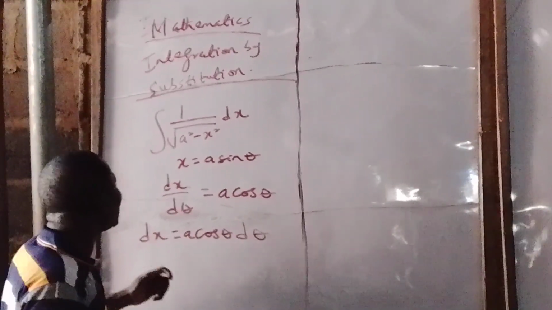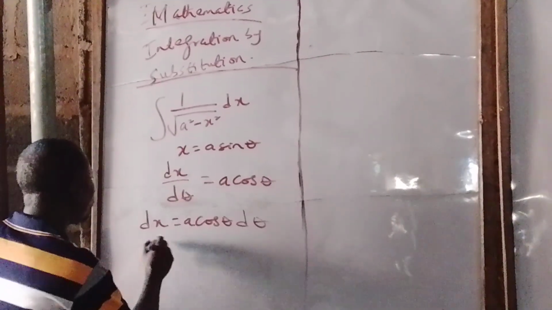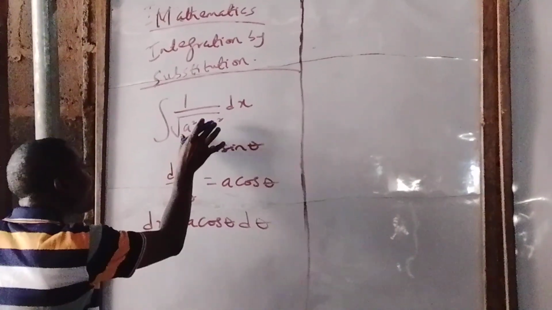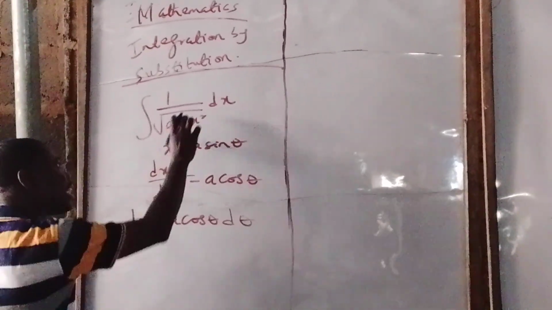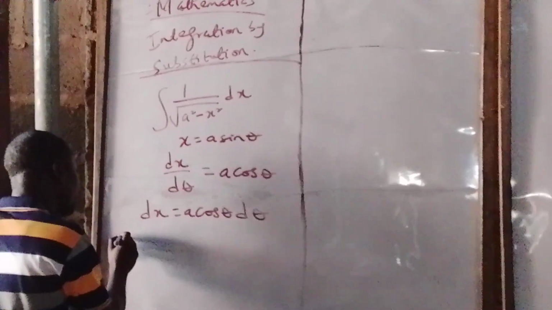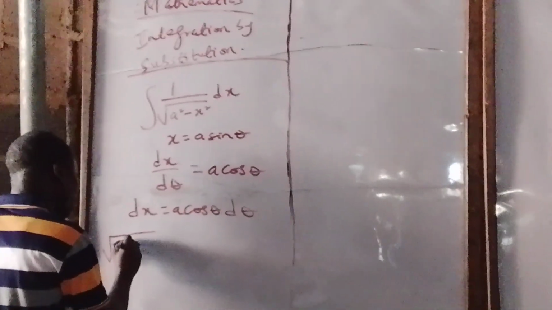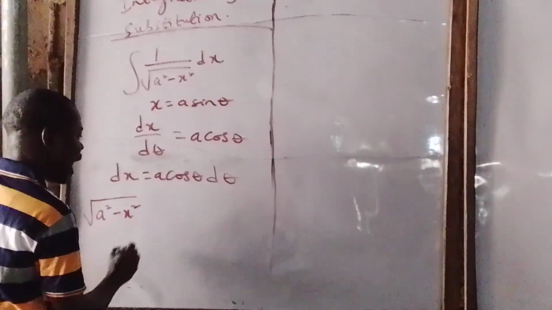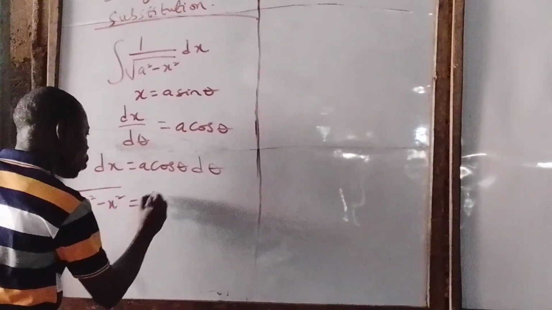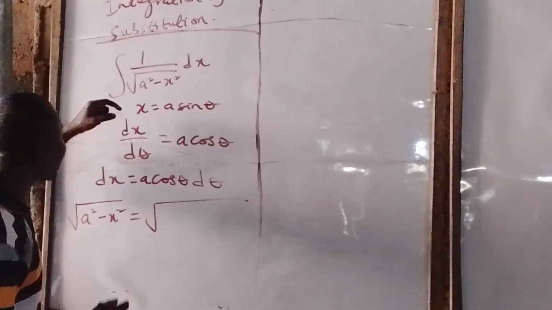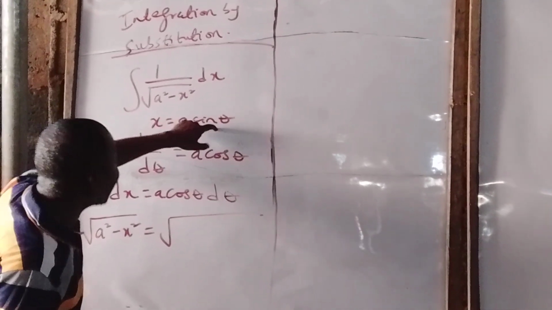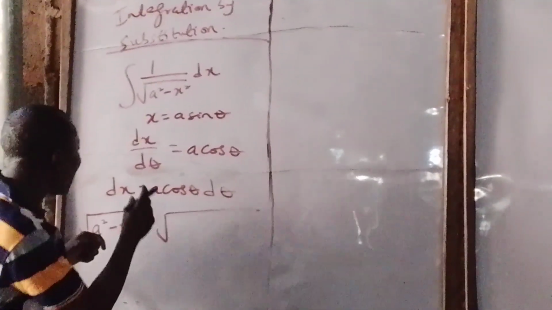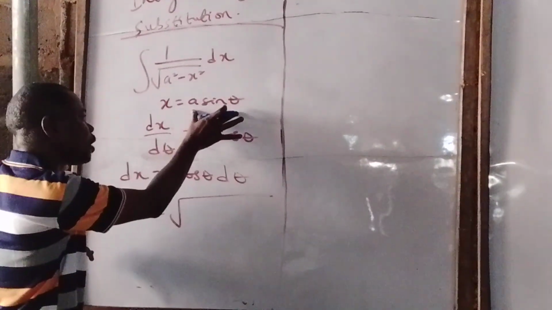So I will now write this expression in terms of theta. I will say that the square root of a squared minus x squared can be written as the square root of, now from above, my x is equal to a sine theta. So anywhere I see x here, I will replace it with a sine theta.